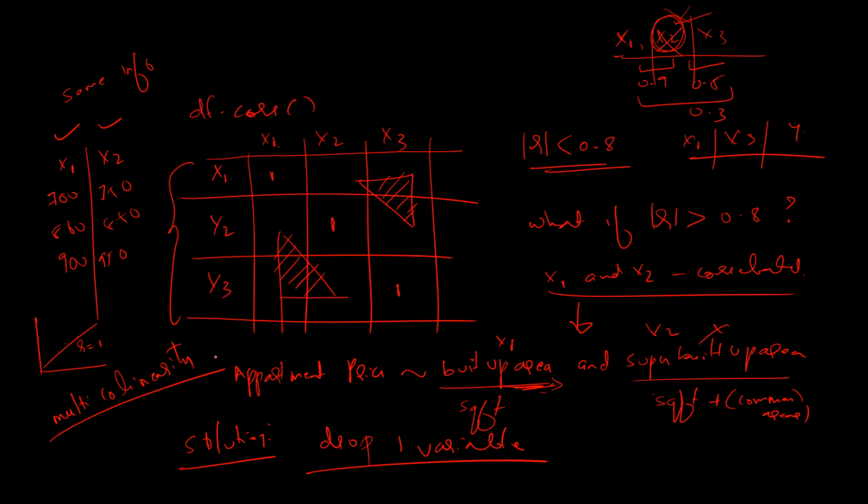I can say the violation of this assumption, where you get independent variables correlated with each other, is called multicollinearity. Is it clear? Yes, sir. Shall I move on? Yes, sir.